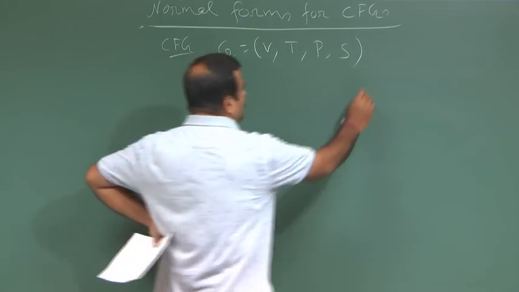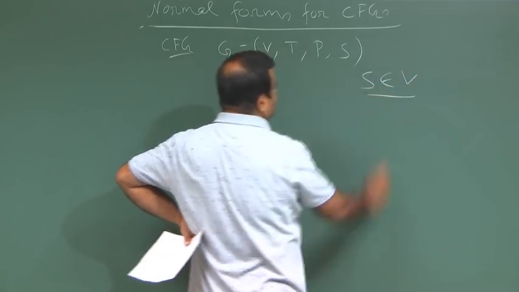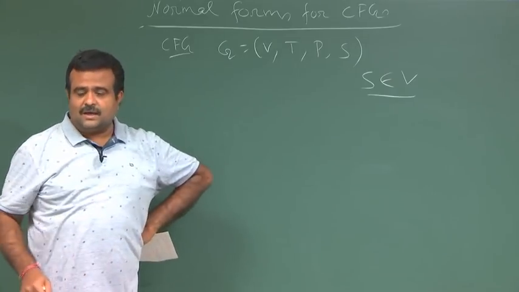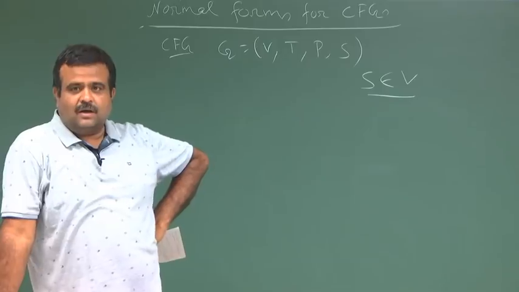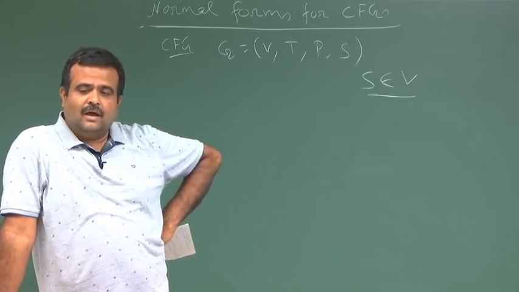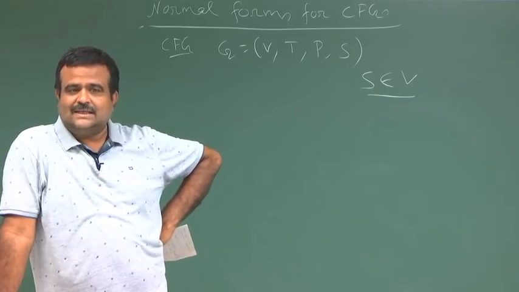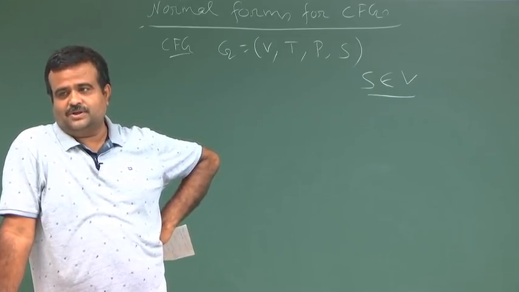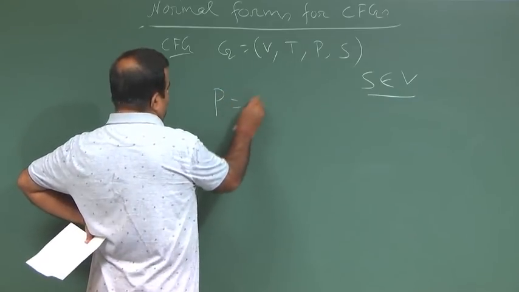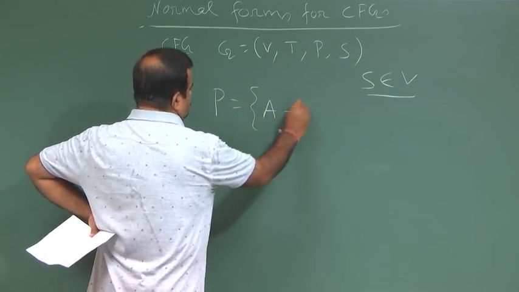S belongs to V. P is the set of all productions. These are the rules, and following these rules we start from S and we derive the expression, and the P will be of this form.